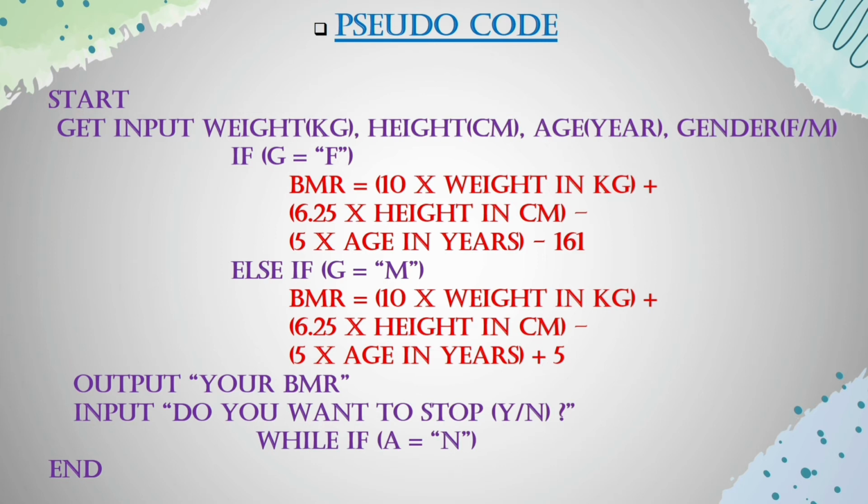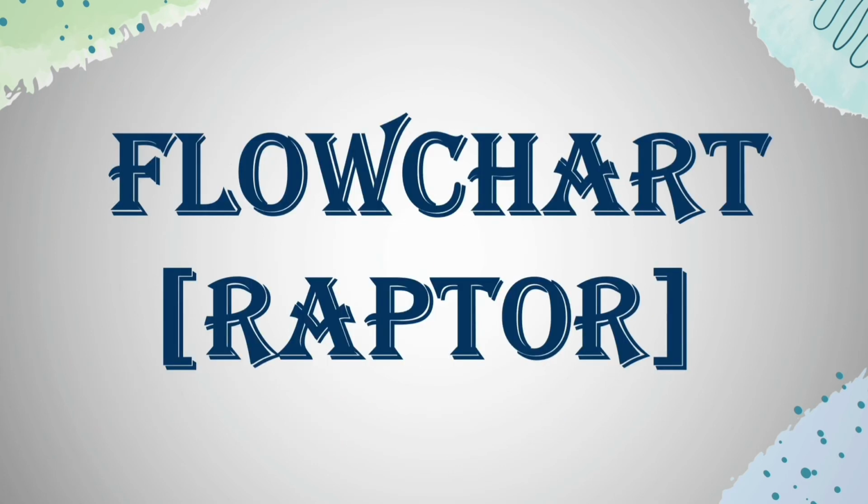Else, if gender equals male, BMR equals 10 times weight in kg plus 6.25 times height in cm minus 5 times age in years plus 5. Output your BMR. Input, do you want to stop? Yes or no. While A equals no, which is N, and then end.